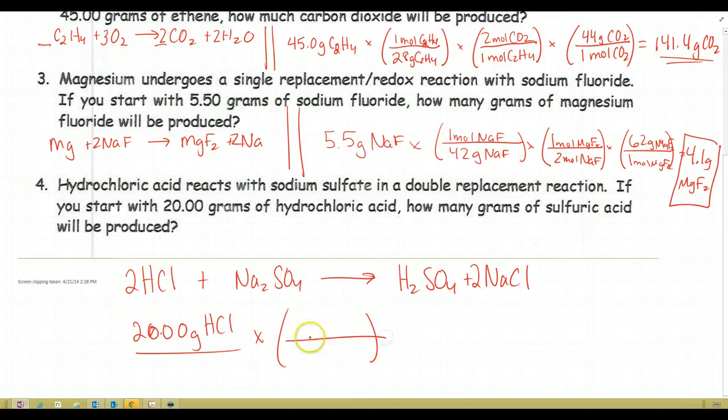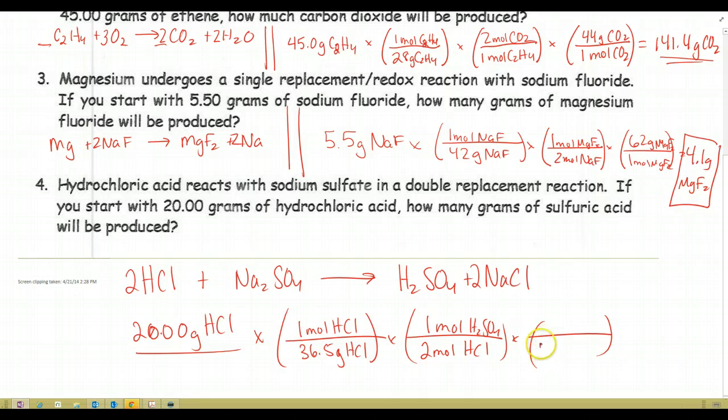Same 3 conversion factors. 1 mole of hydrochloric acid is equal to 36.5 grams. For the mole-to-mole ratio, we know that 2 moles of hydrochloric acid gives us 1 mole sulfuric acid. Now I need to convert to grams sulfuric acid, and 1 mole H2SO4 is equal to 64 plus 32 plus 1, 97 grams of sulfuric acid.